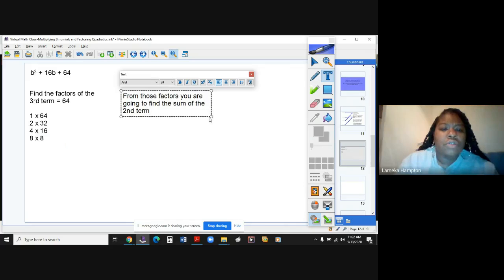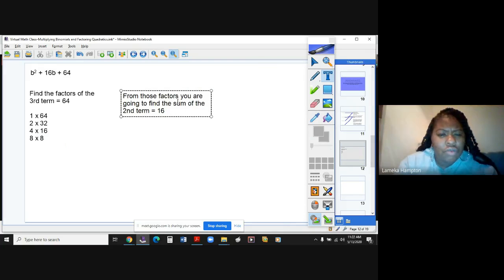My second term in this instance would be 16. Now remember, it's not going to be 16b. So we're only dealing with the numbers for the second and the third term because the first term does not have a coefficient in front of it. Well, it does. It's just 1. So it has a coefficient.